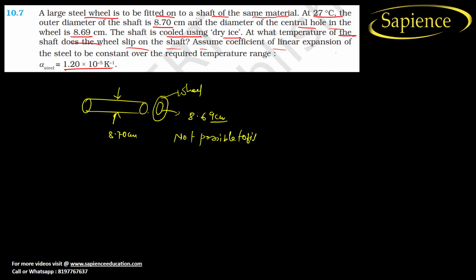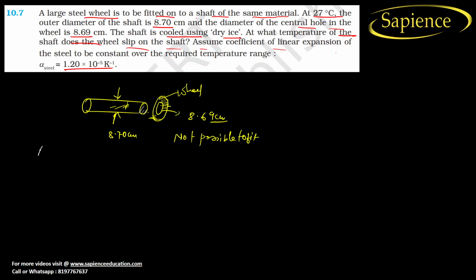So what we need to do is either increase the temperature of the wheel so that it will expand, or decrease the temperature of the shaft. As per the question, we need to decrease the temperature of the shaft only. So how much change in diameter should be done? We can also use the formula for areal expansion, but here we will use alpha only, linear expansion, because they have given diameter as well as alpha.